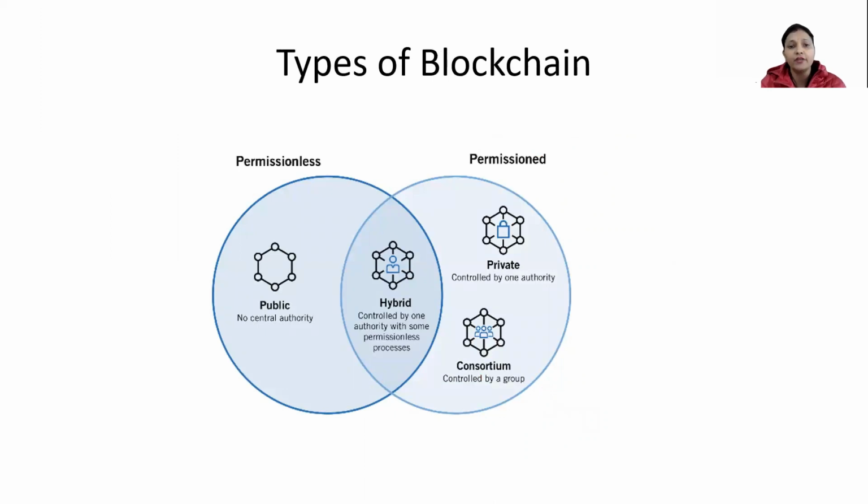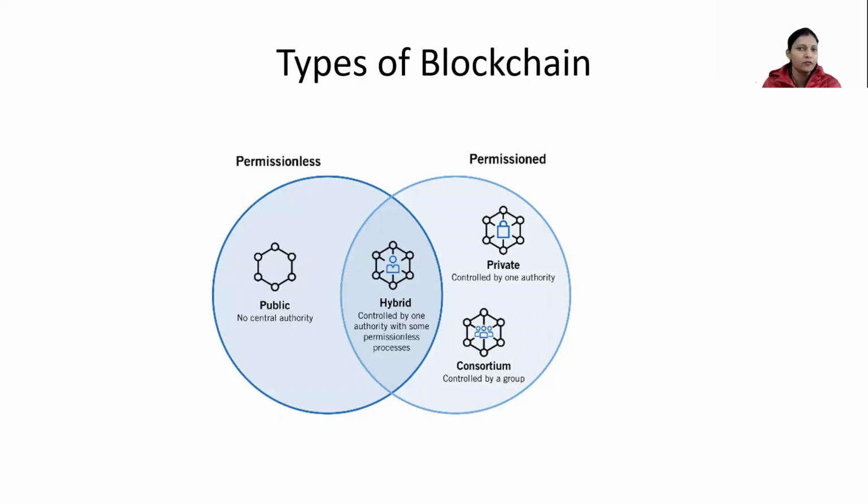These are the different types of blockchain. If we speak broadly, there are two types of blockchain. The first one is permissionless blockchain, and the second one is permissioned blockchain. A permissionless blockchain is a blockchain in which anyone can participate, or anyone can become a node of that particular blockchain without the permission of anyone. For example, Bitcoin is a public blockchain.